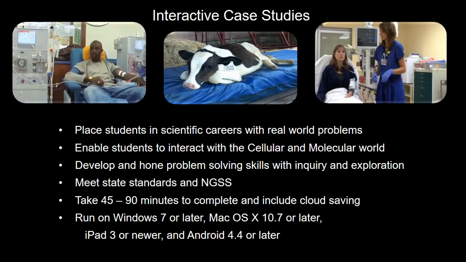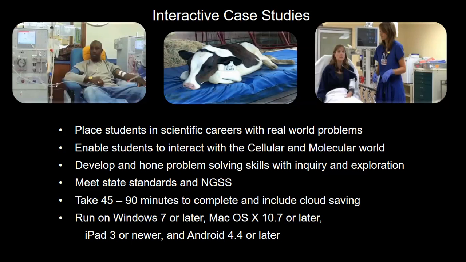So we made sure to include those skills since they are so important for students no matter what career path they choose. Every case study we have, all 15 of them, also aligns to state and Next Generation Science Standards, so you don't have to worry about that. We have checked that box off for you.